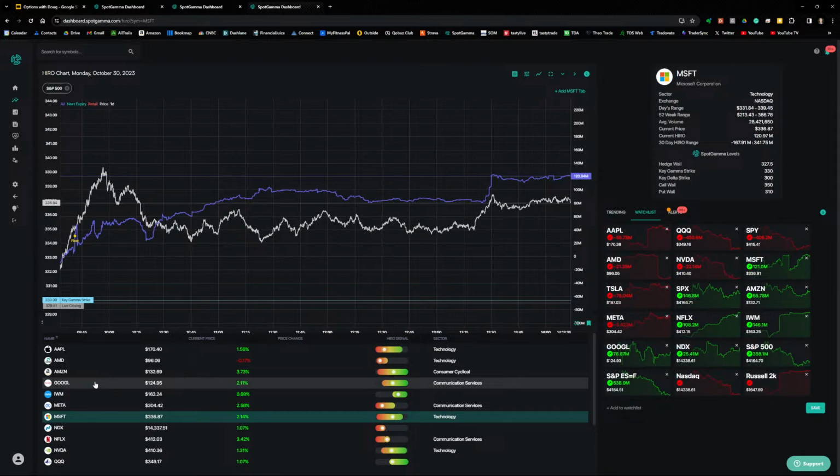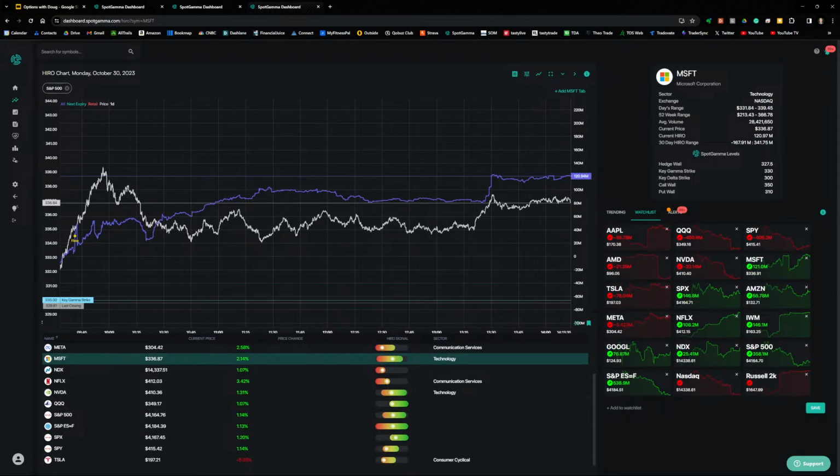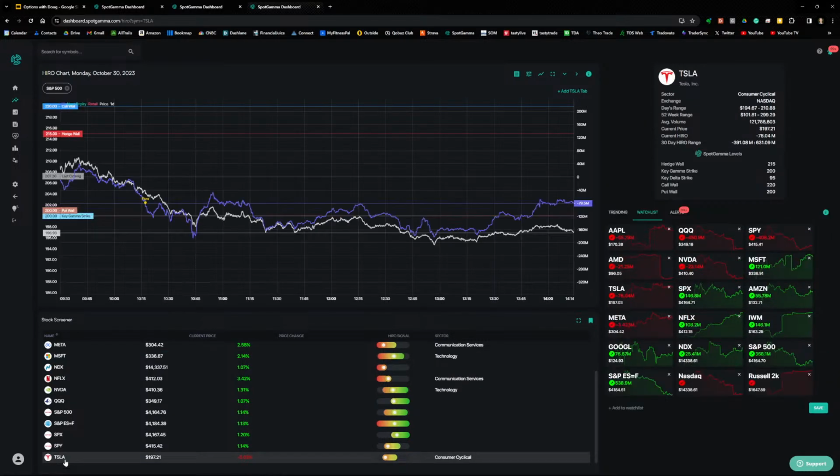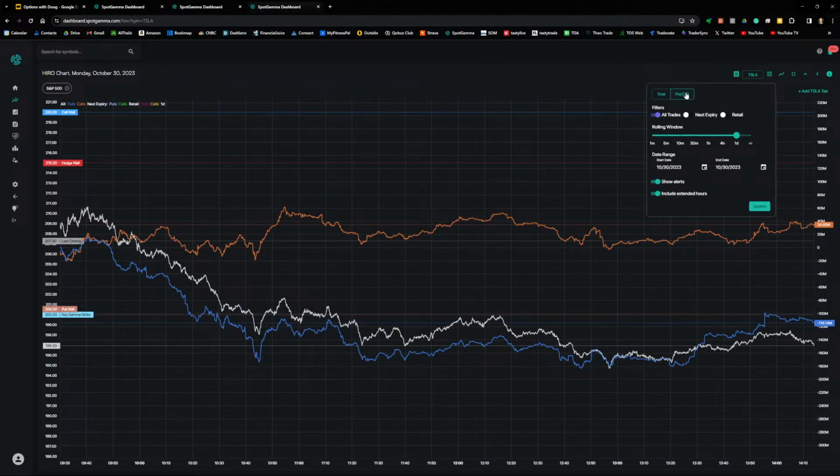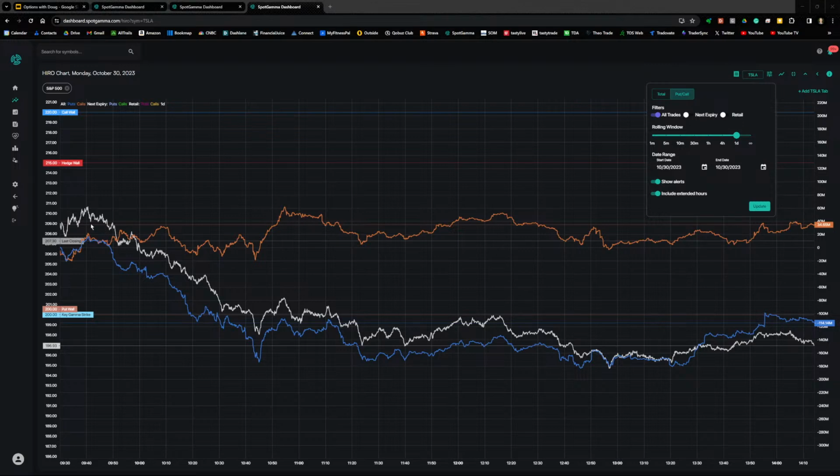So we know again that traders are buying calls in Microsoft, helping to drive price higher. Take a look at Tesla now. Let's see what Tesla options traders have been doing, and they were buying puts. So just about 10 minutes after the open, initially they were buying calls and selling puts.